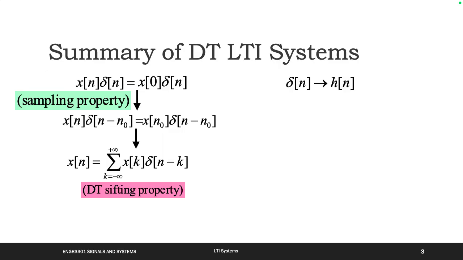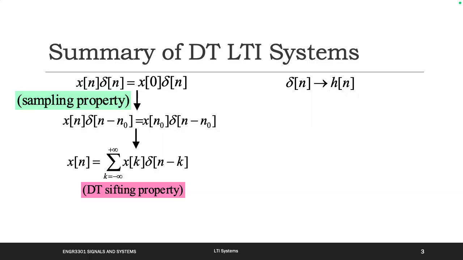And for this one, what's the name for delta[n]? Let me ask you again. Impulse function. And what's the name for h[n]? Impulse response. Why do we call it impulse response? Because this h[n] is the output when the impulse function goes through a system.